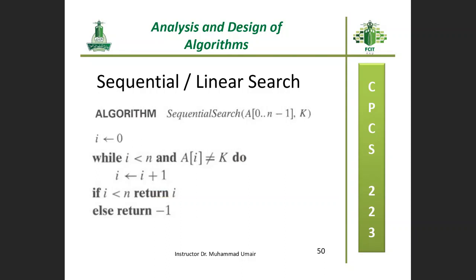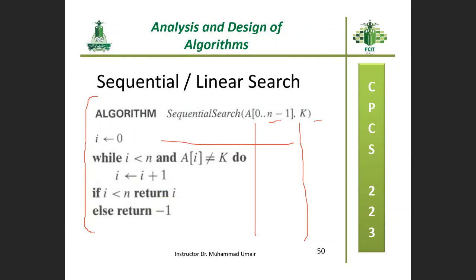Similarly, another example is given for your exercise, that is linear search. Again, it is a very similar kind of algorithm. Informally, we have already analyzed linear search, that the running time will be linear. But using the RAM model, to analyze it you have to draw two columns, cost and times, then calculate how many times these statements will be executed, and try to perform all this analysis in detail using the RAM model.